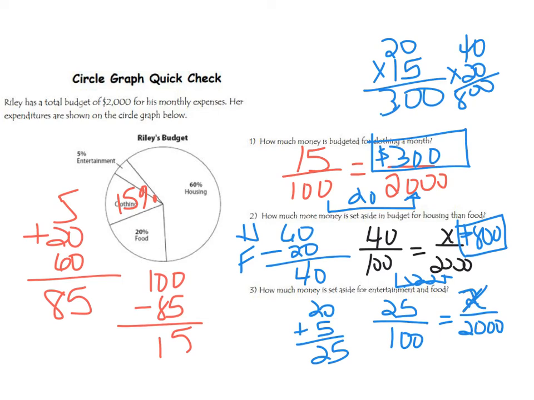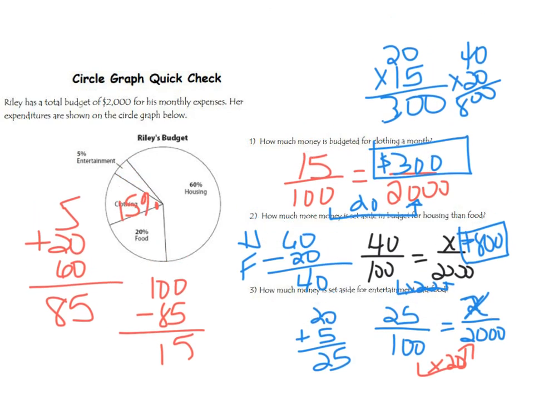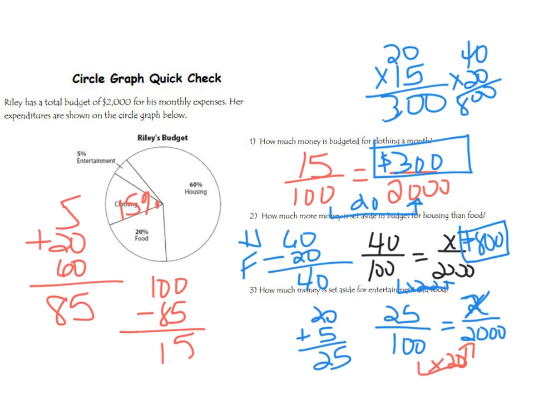Your scale factor, it is times 20. So then we go ahead and multiply 25 times 20. And that's going to give you how much? 500. 25 times 20 is 500. So that means $500 is reserved for food and entertainment.